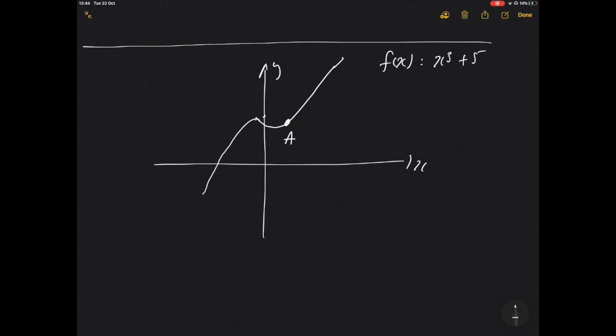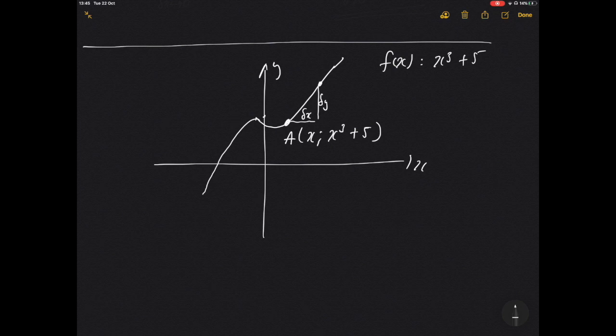Okay, so we've got our function, and we're starting at our first point, x we'll call it. So we stick this in, and we will get our first value, which would be, if x is x, that means that this will be x cubed plus 5. Okay, and if we choose our b point again, if we choose our delta x there, and we're going to add a delta x to it, and we want to actually find out what that delta y would be, we could figure that out.